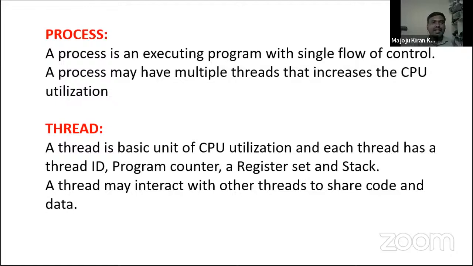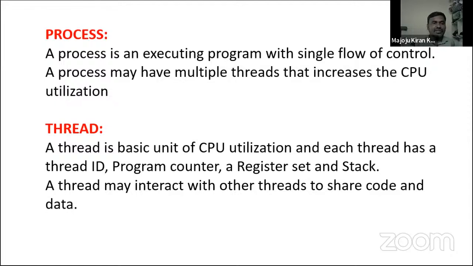While it is waiting, the other process cannot start because the processes are executing one by one. For example, the process has to perform several tasks and all these tasks should be performed in sequential order. This is called single flow of control. But when the process has multiple threads, these threads can be executed in a concurrent manner.